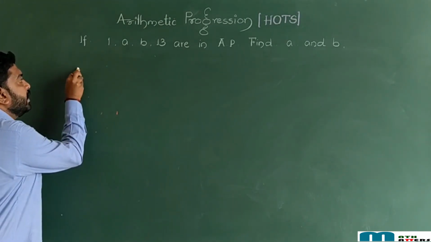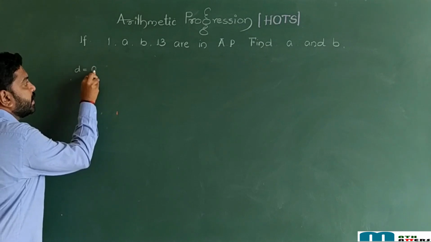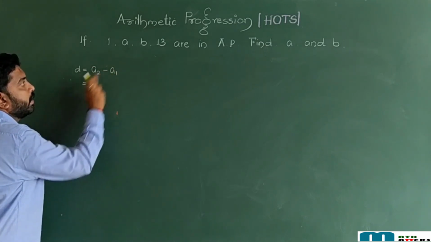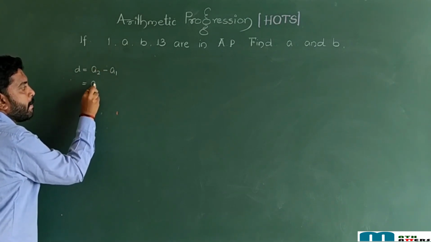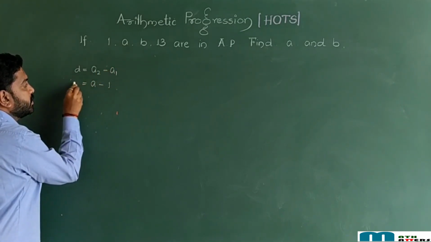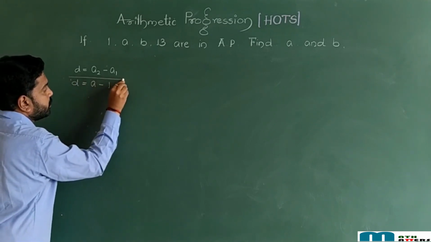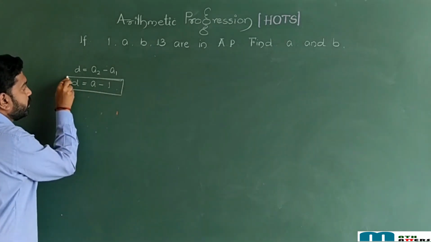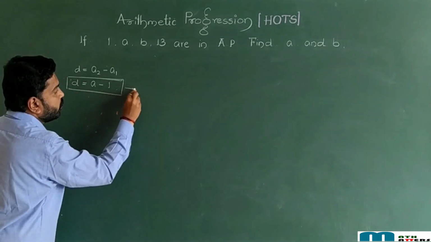First, d is equal to, let us say, a2 minus a1. Here, a2 is nothing but a, and a1 is 1. So d equals a minus 1. This is one common difference. Let us call this equation 1.